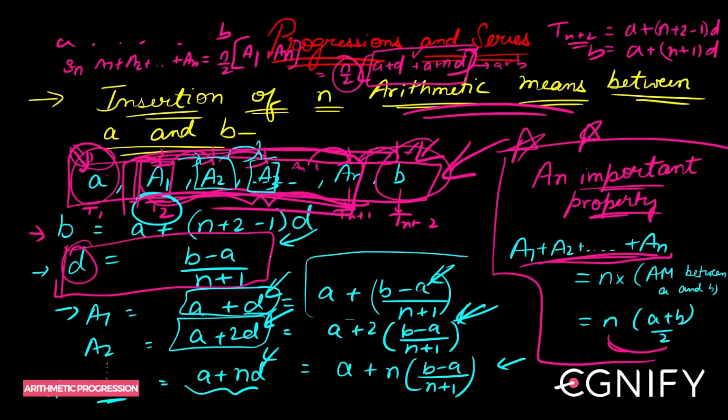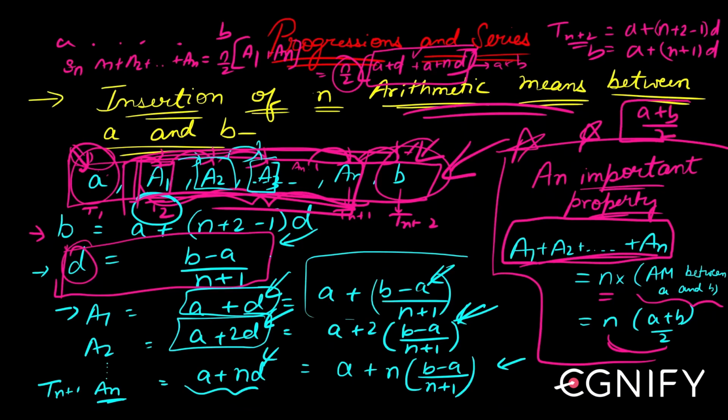So the sum of the n terms, or the sum of the n arithmetic means, is equal to n into the arithmetic mean between A and B. The actual arithmetic mean between A and B is A plus B by 2, right? So the term in between A and B is A plus B by 2. So n into that term is the sum of the n arithmetic means between A and B. This is the property, and it's very easy to derive this. Let's move on to geometric progressions now.